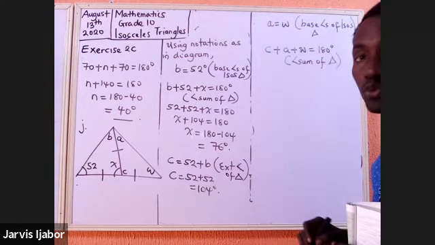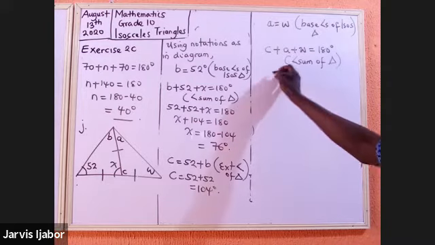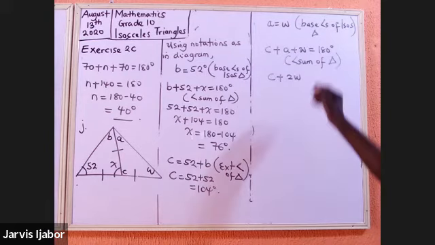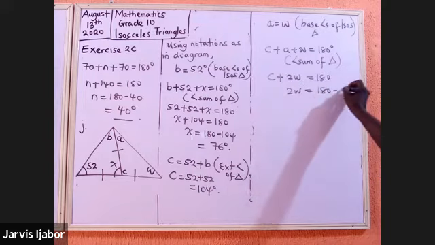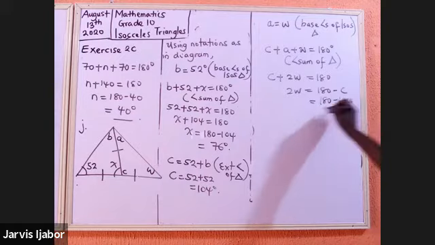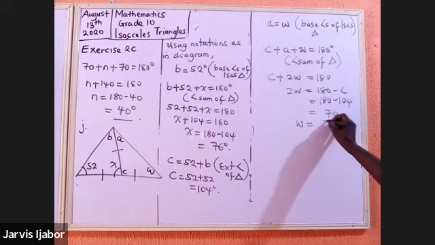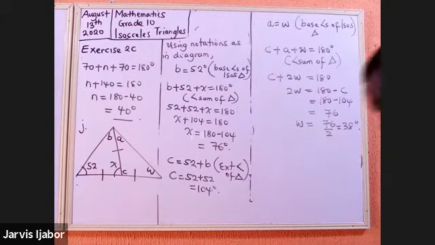So with that settled, it means that C plus 2W is equal to 180 degrees, meaning that 2W will be equal to 180 minus C. What is C? 180 minus 104, and that will give you 76. And W will be equal to what? 76 divided by 2, and that will be 38 degrees. So with that, we are cleared with question 1 of the problem.